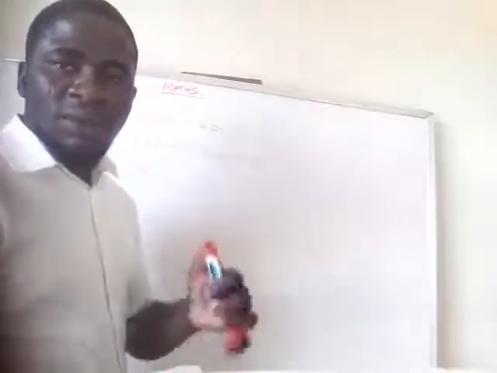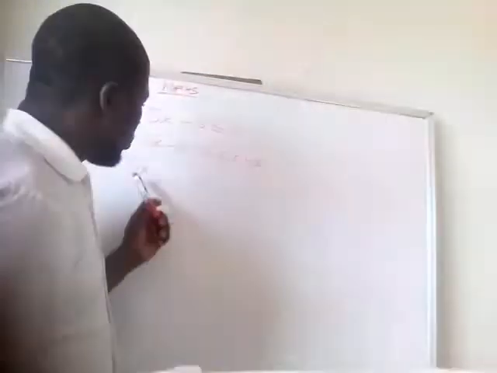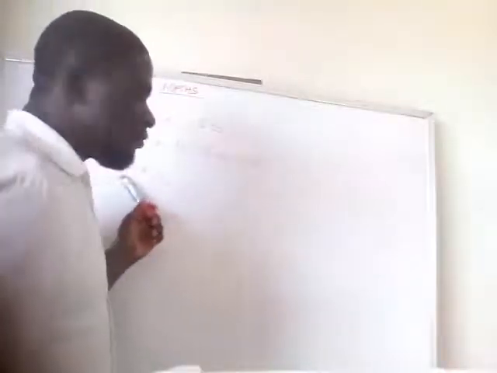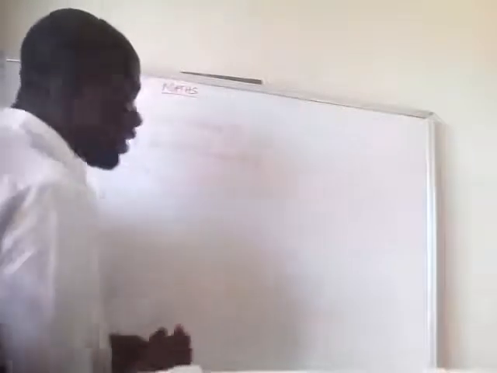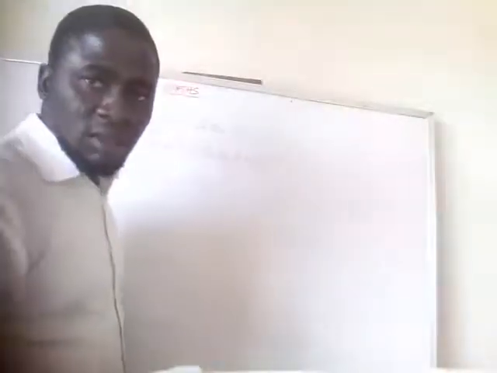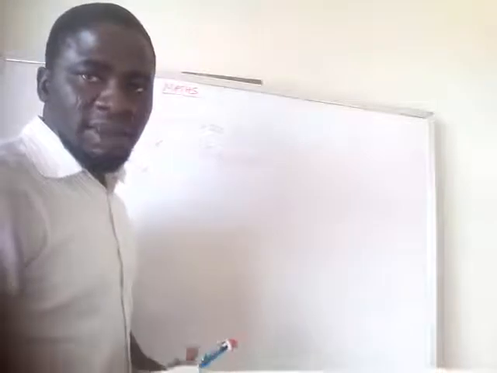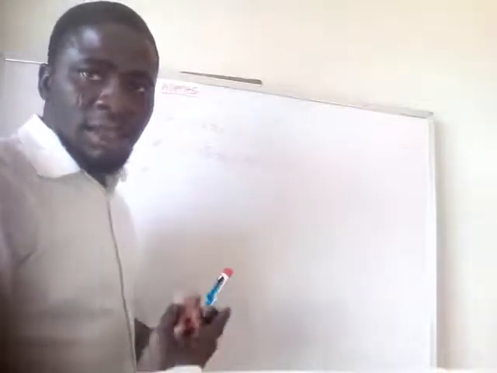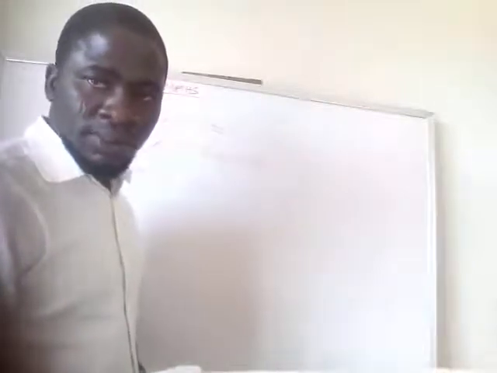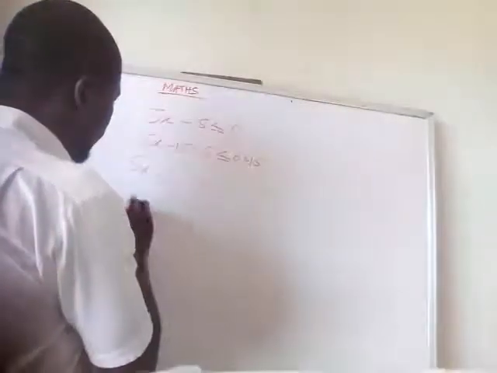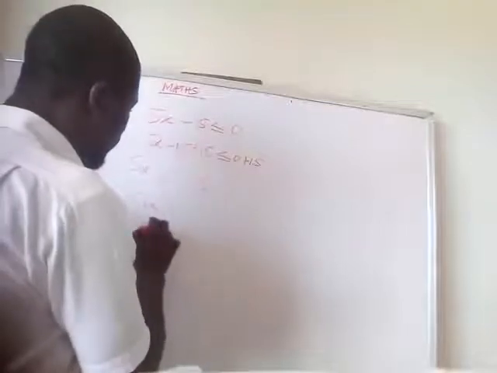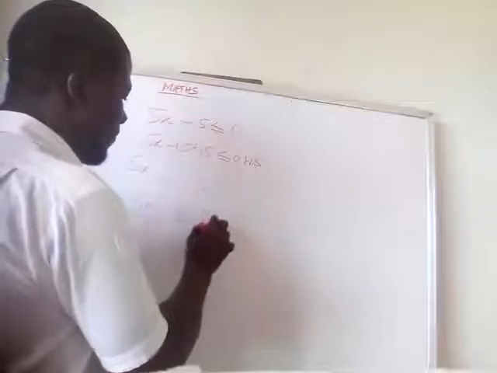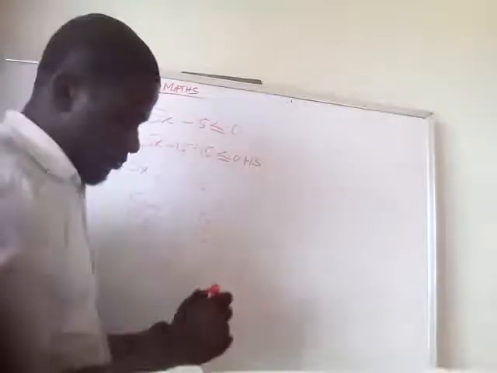So now you divide both sides by the coefficient of x, that is 5. That's the same positive quantity. When you divide both sides by the same positive quantity, the inequality remains true. So you have 5x over 5, when we divide both sides by 5, is less than or equal to 15 over 5.